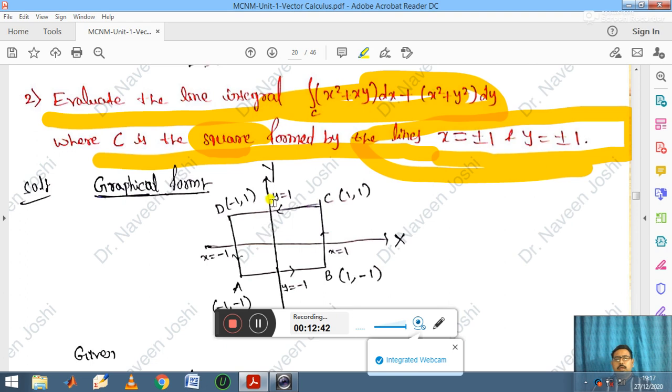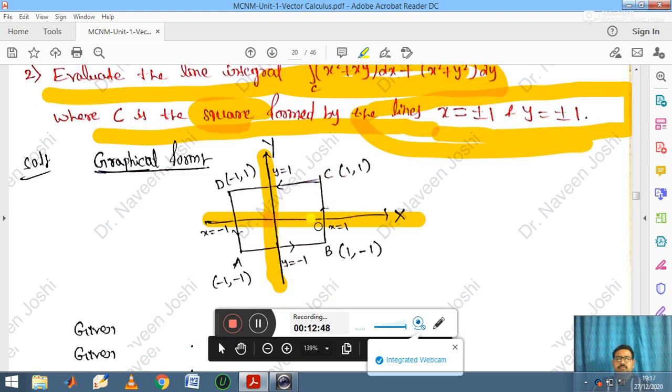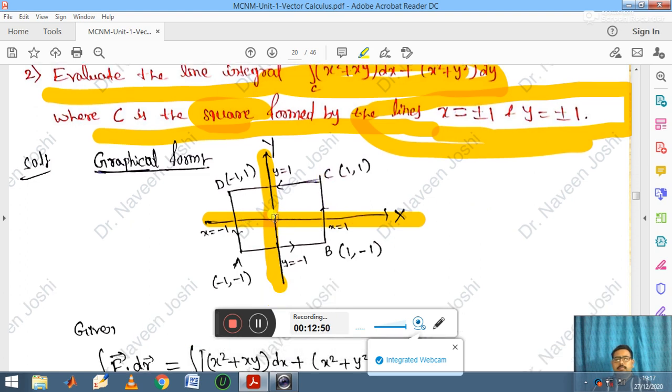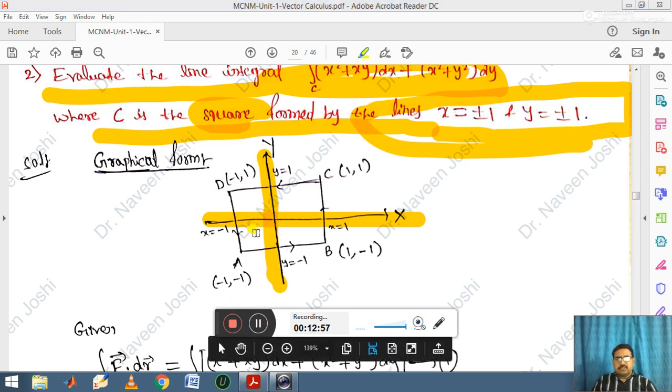So let's draw the x and y axes. Okay, x and y axes, then by taking this central point, on the basis of this origin you draw a square.